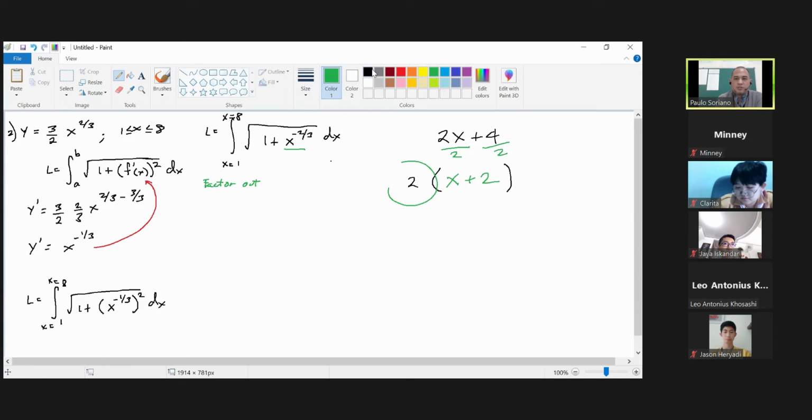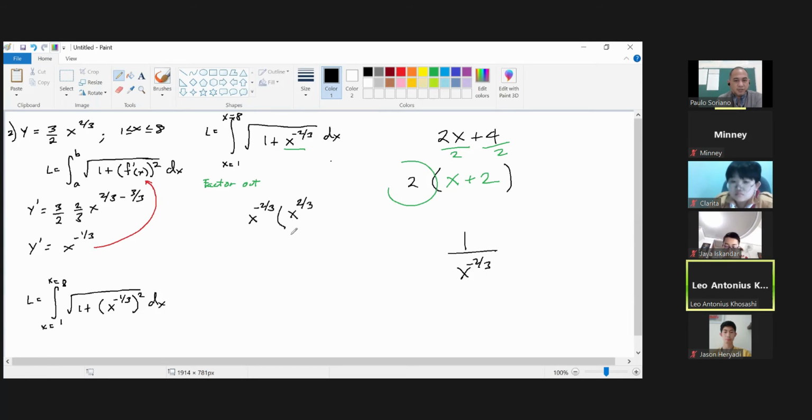So if I want to bring out x raised to negative 2 over 3, I divide both terms by this, right? Correct? So what will I get? That's 1 over x raised to negative 2 over 3. What will this one be? It will just become x raised to 2 over 3, right?